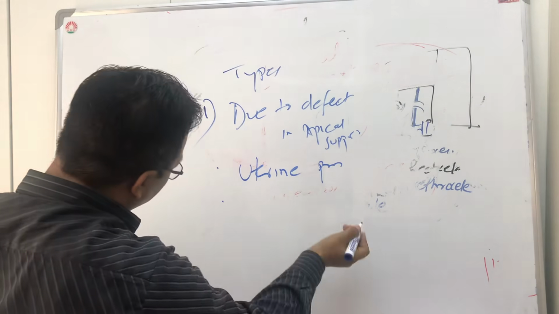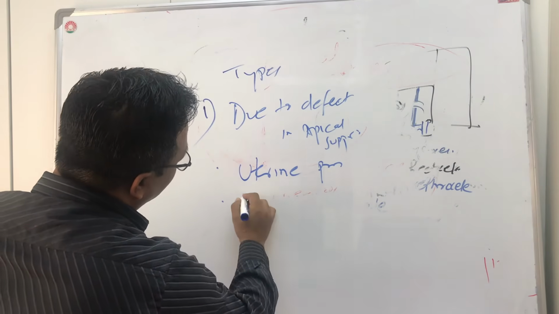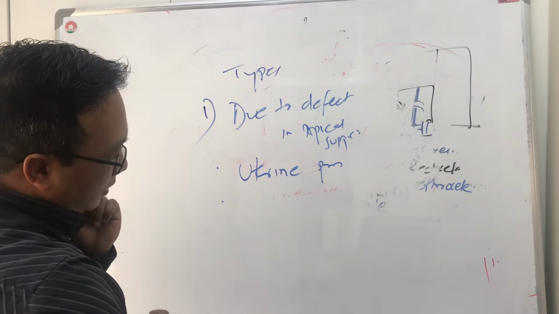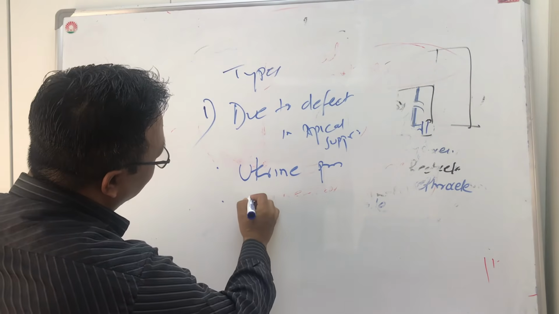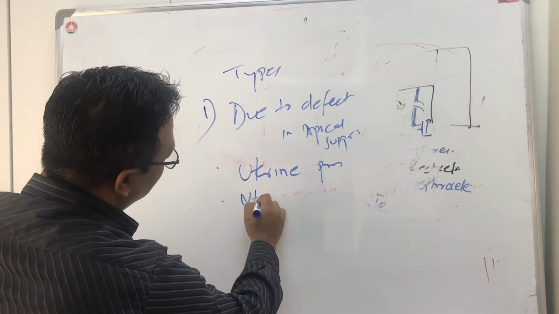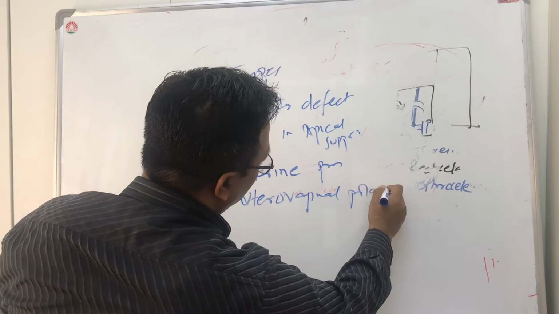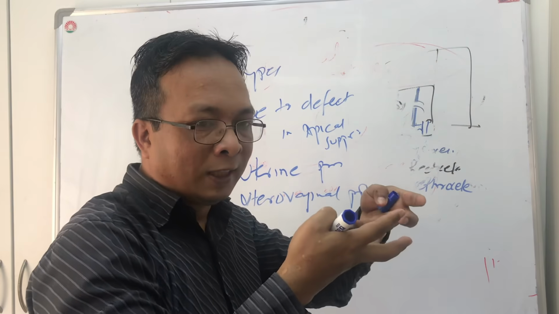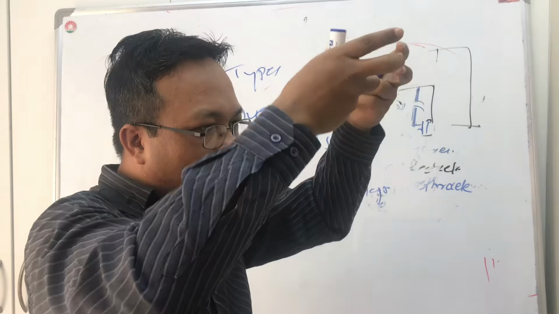What else can you get? Uterine prolapse, and then this uterus can come with the vagina, uterovaginal prolapse. Apical support means if we cut these 3 ligaments supporting the uterus, the whole uterus will go down.